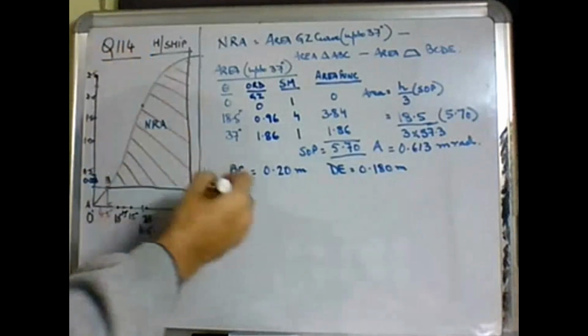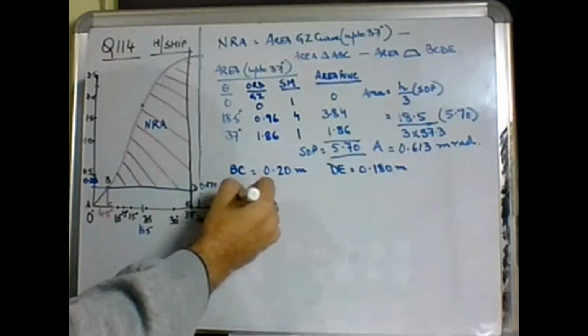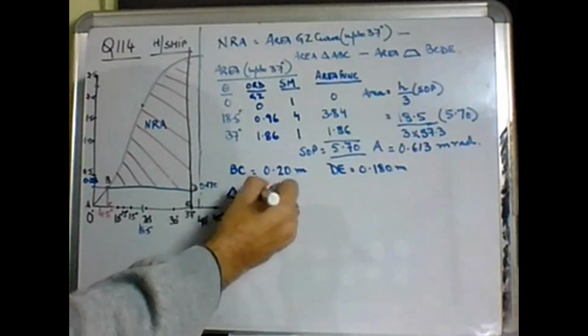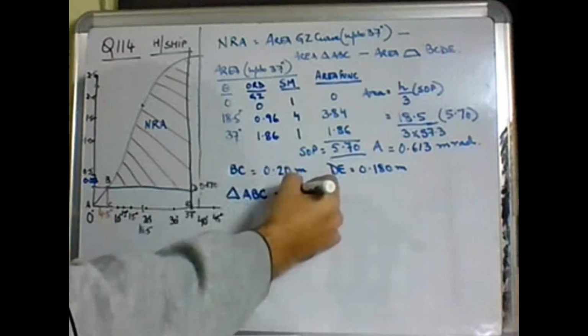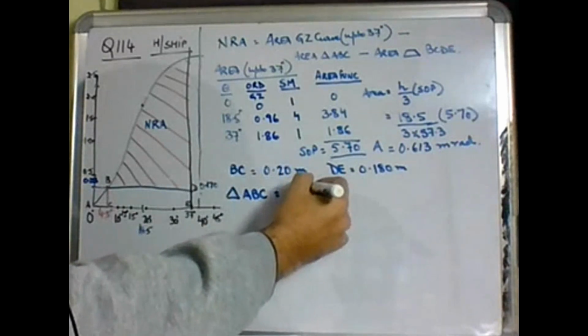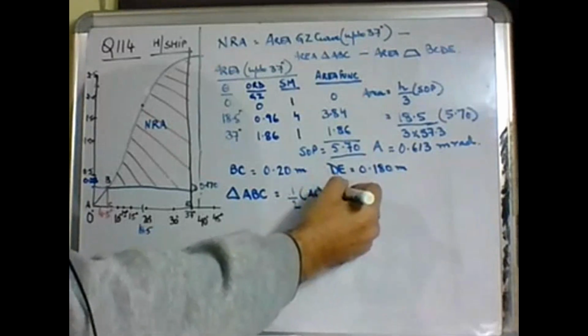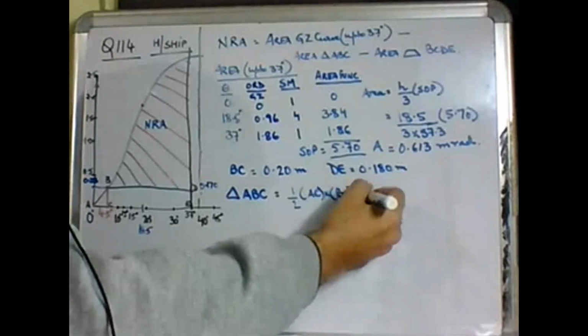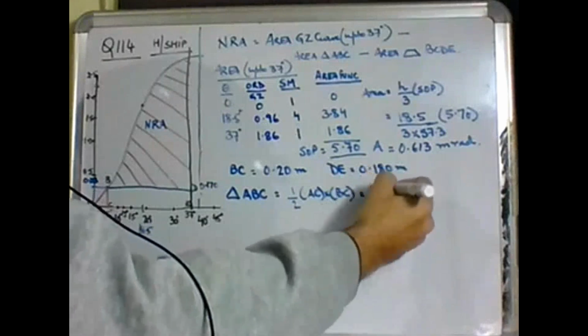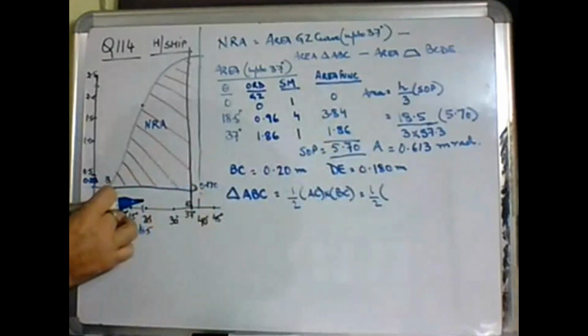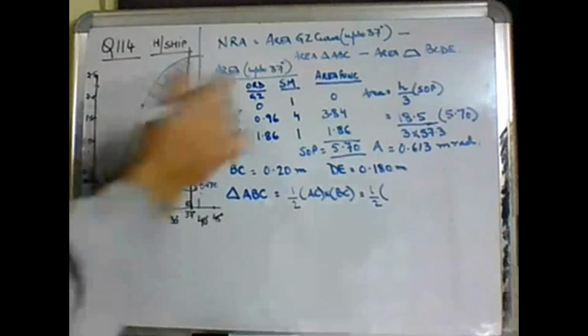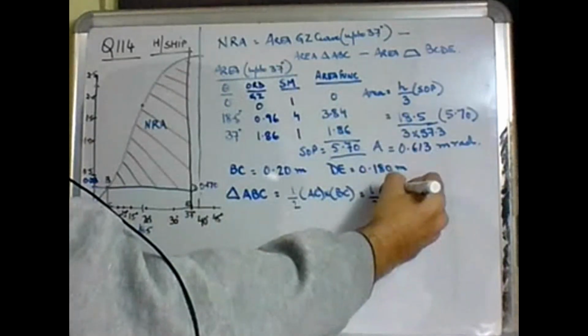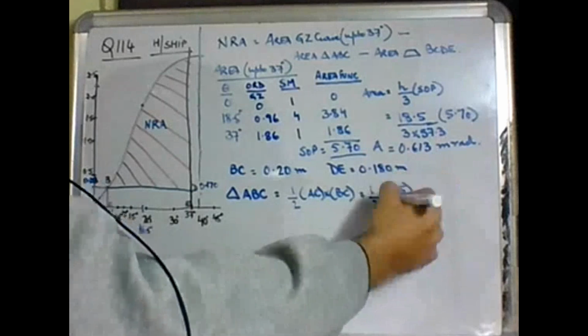अब मुझे चाहिए ट्राइंगल ABC। प्लीज म्यूट योर माइक्स। ट्राइंगल ABC इज इक्वल टू half into AC into BC. So half into AC. AC is 4.5 degree. Get rid of degree.